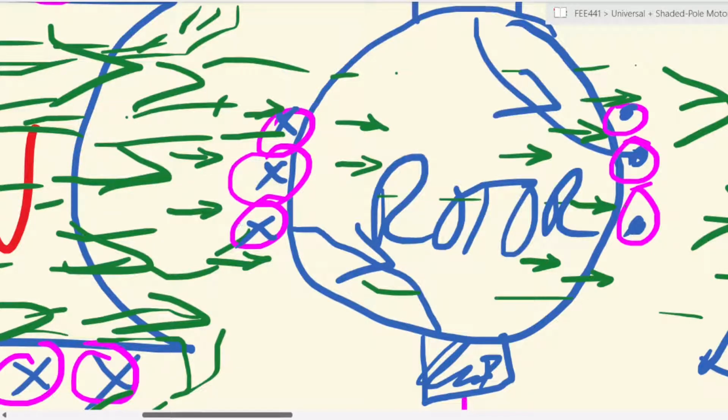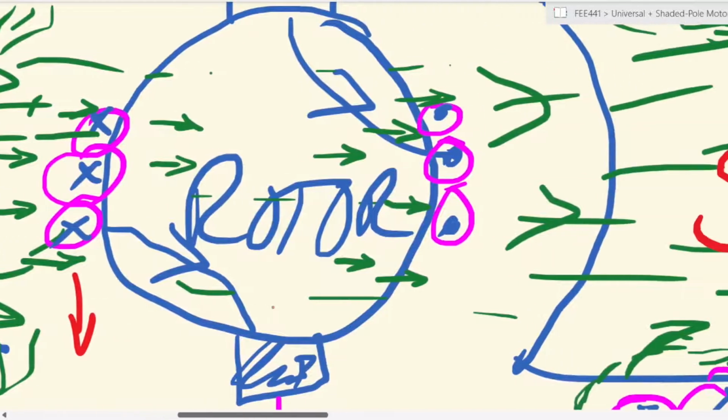If your hand is between your face and the screen, the middle finger points from you towards where the screen is, and that leaves you with the thumb pointing downwards. So the force or the thrust that is acting on these windings is such that it pulls them in that direction.